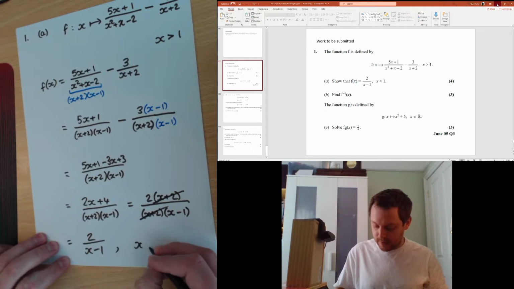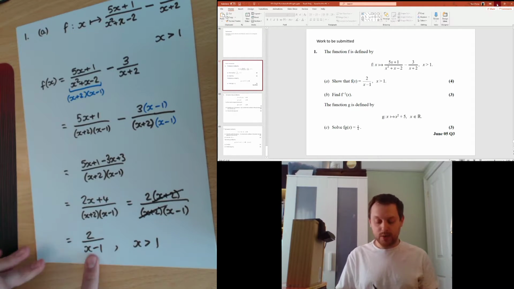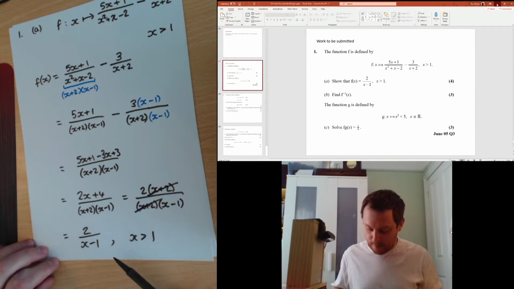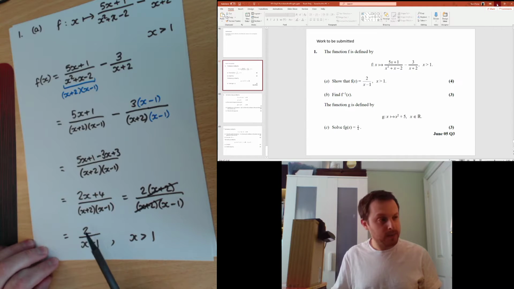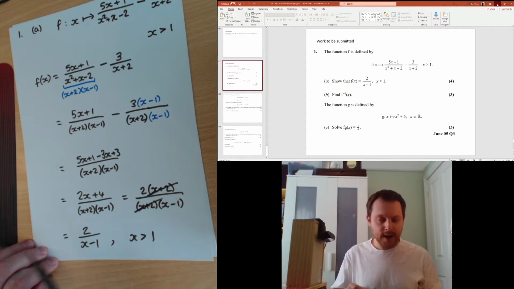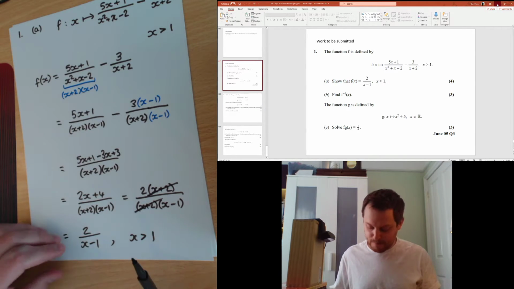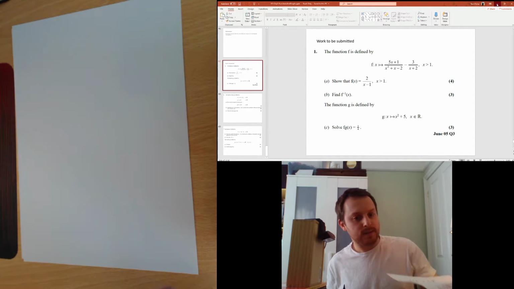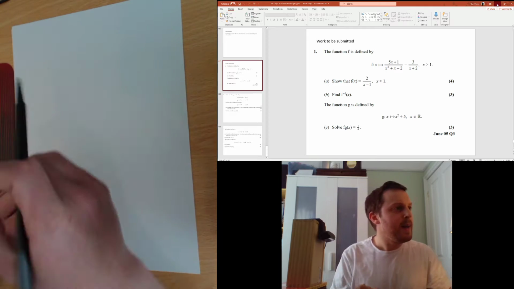And it's still relevant that x must be greater than 1, so we never have a division by 0 problem. Clearly when x gets close to 1, this gets larger and larger, but we never actually divide by 0. Right, so that was 1a.